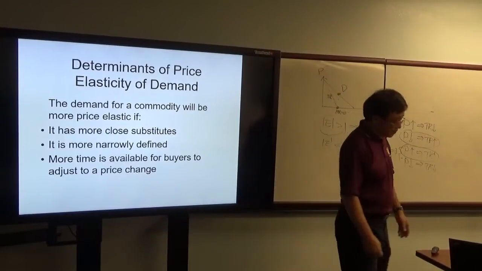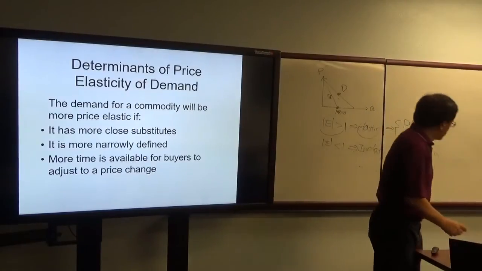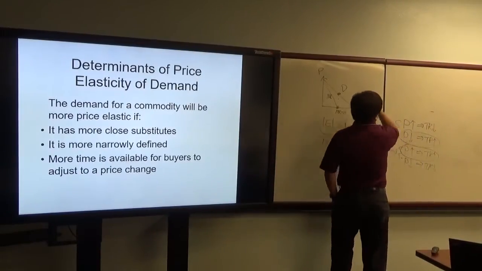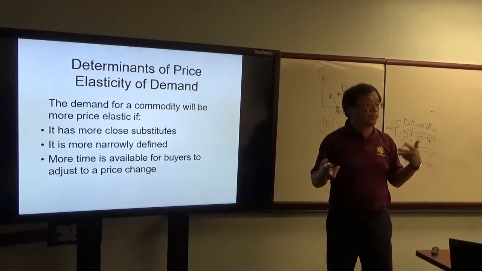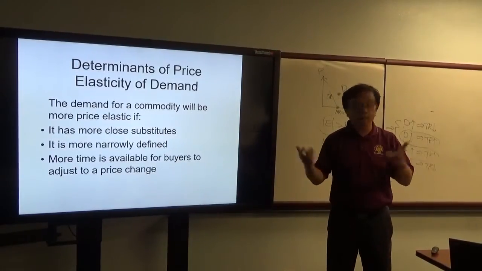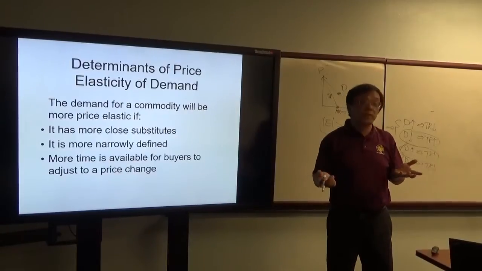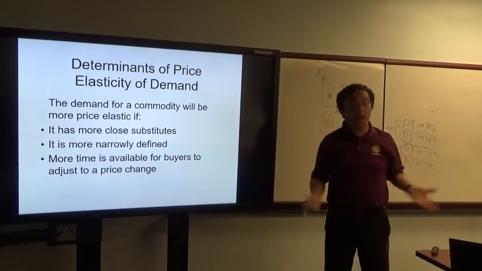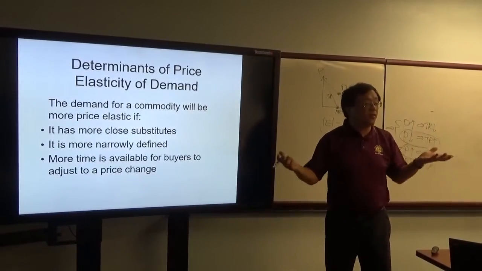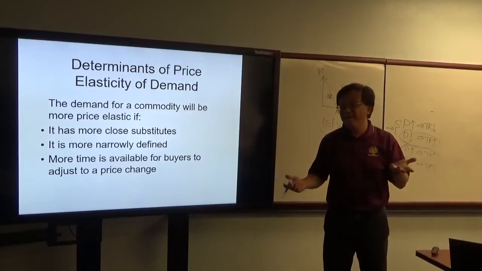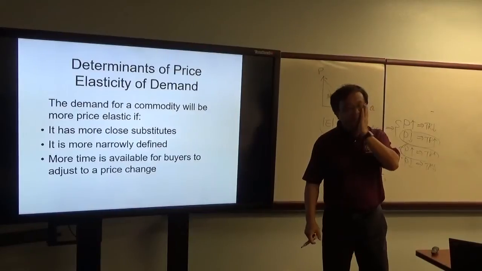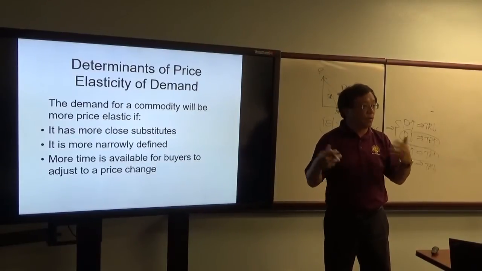How about autos or soft drinks? There are a lot of substitutes, right? Or autos, we have so many choices. But actually, not that many, because if you go to the parking lot, 95% are Japanese cars, right? Yes, in Hawaii. Not that, but relatively speaking, there are more substitutes.